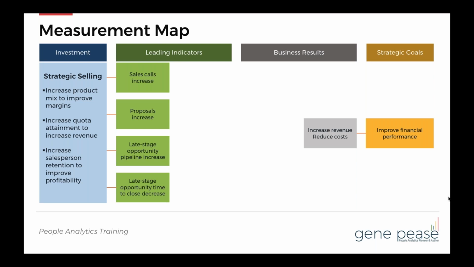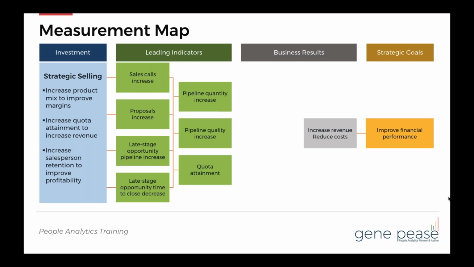So I would have more sales calls, more proposals, and hopefully more late stage opportunities. If that happens, I would see both the quantity of my sales pipeline increase, and I would see the quality of my sales pipeline increase.